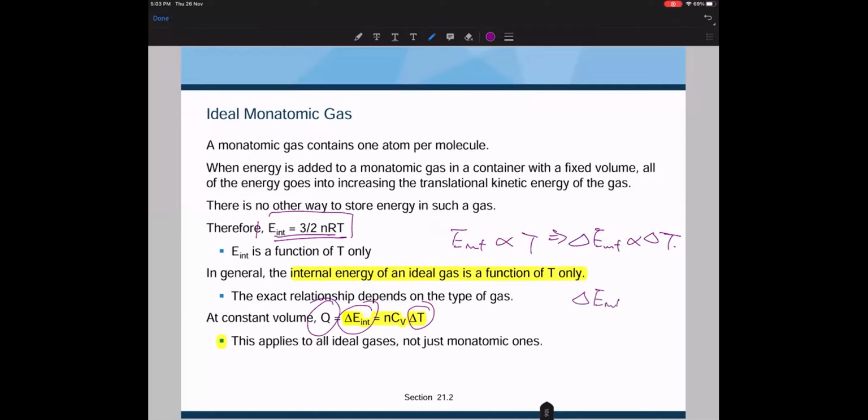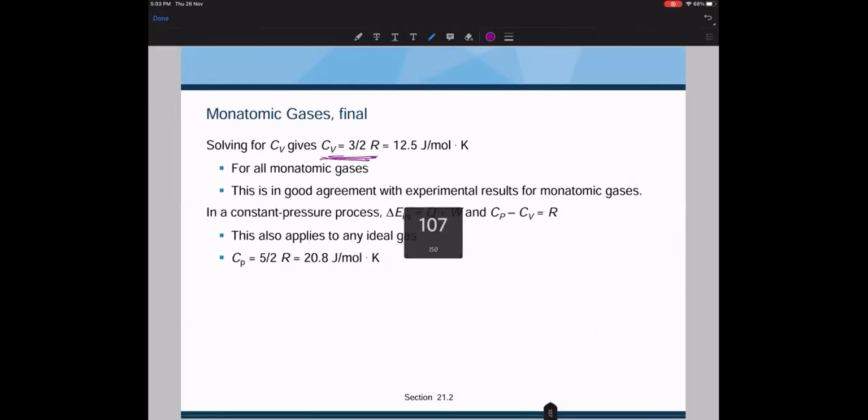Delta E would be equal to 3/2 times nR delta T. But remember, delta E is equal to NCV delta T. So comparing the two, you will see CV is equal to 3/2 times R. So that is the idea of finding CV, the molar specific heat for the constant volume process in monoatomic gases.